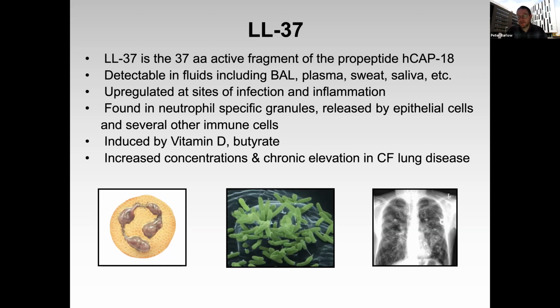Interestingly, there are people that have chronically elevated concentrations of LL-37 in their bodies. These include people suffering from cystic fibrosis, lung disease, and psoriasis, the skin condition, who actually have huge concentrations.